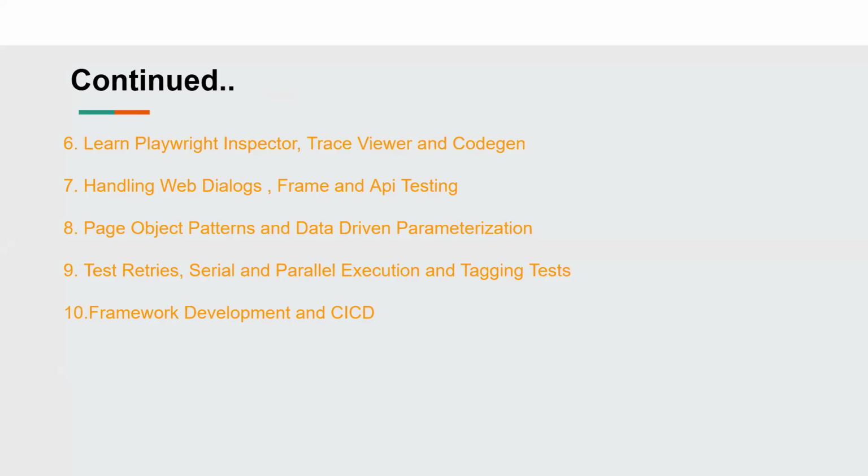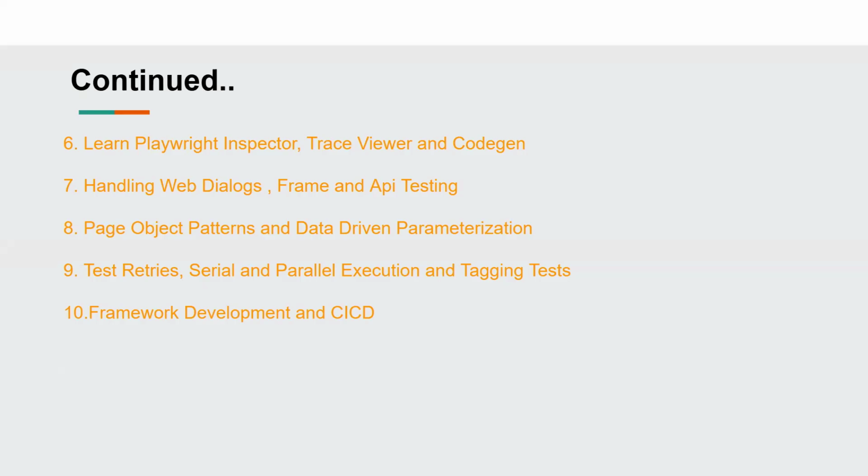You need not build the locator; it will provide it for you. The trace viewer gives you complete details of the execution, what exactly happened, each and every detail, so it is very helpful when you're doing failure analysis. And CodeGen is the record and play feature that I talked about. You can record the flow and then play it as it is, and it will work for you.